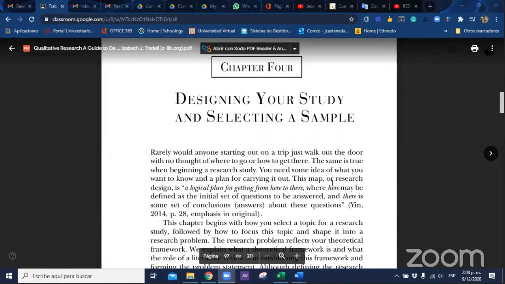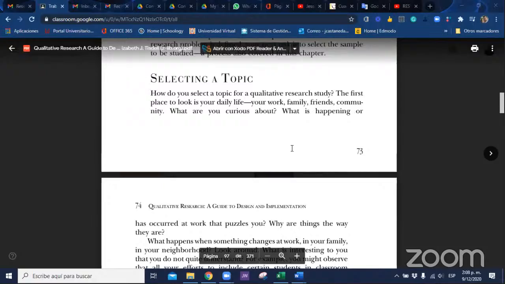So the first thing that I want you to notice is the following. Let me check, I am checking a chapter. I'm going to share my whole screen. So in this chapter, from Merriam's chapter, she describes the designing of your study and selecting a sample, as she called it, right?